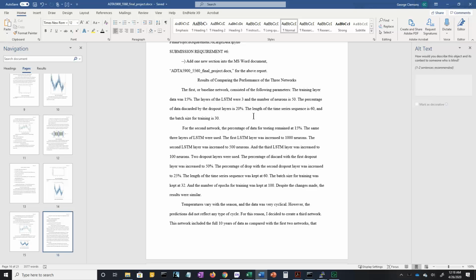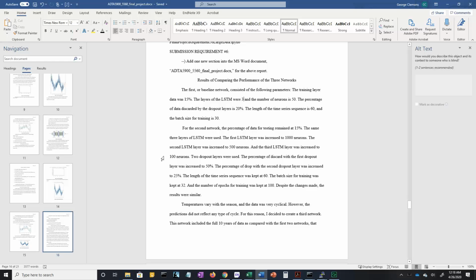For the second network, the percentage of data for testing remained at 15%. The same 3 layers of LSTM were used. The first LSTM layer was increased to 1,000 neurons. The second was 500, and the third LSTM layer was increased to 100 neurons. 2 dropout layers were used. The percentage of discard with the first dropout layer was increased to 50%.